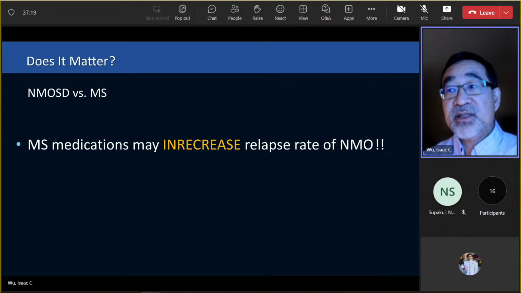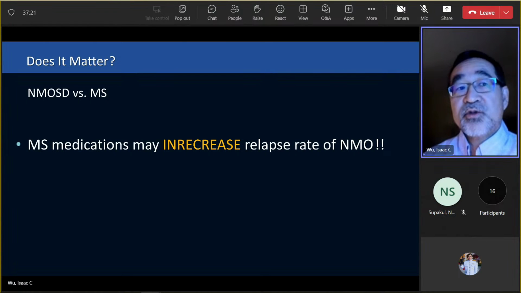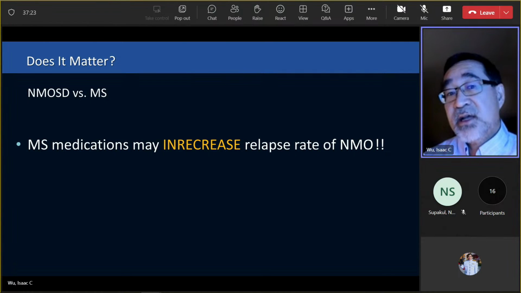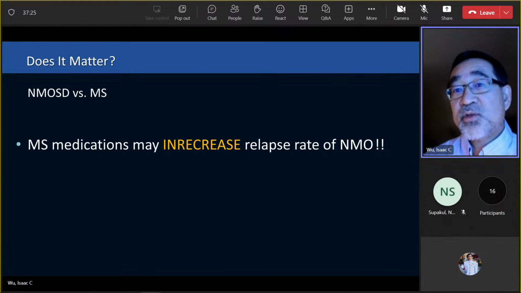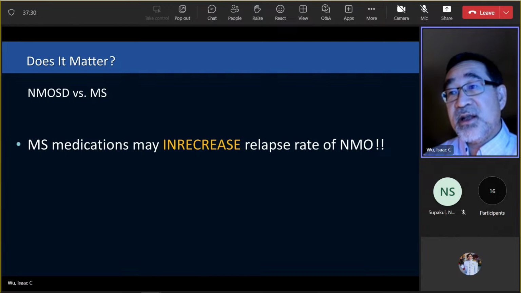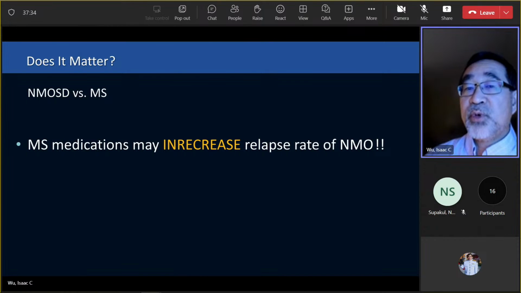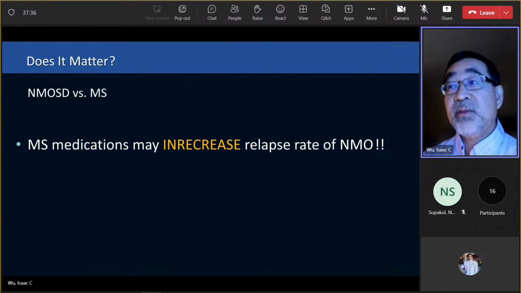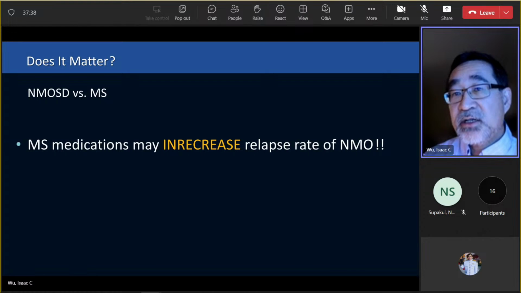Sometimes you think about disease and say, does it matter if you make the correct diagnosis of NMO versus MS? The answer is yes. It actually affects quite a bit, not only the treatments, but also the prognosis and management and everything else. That's why it's important. In fact, some of the MS medications may make NMO worse. So it does matter.